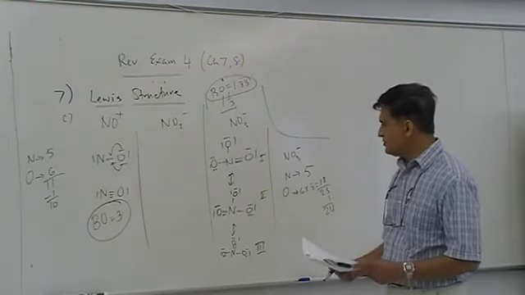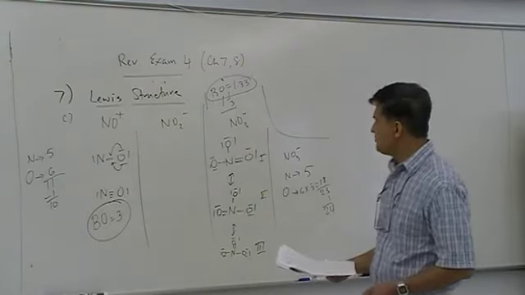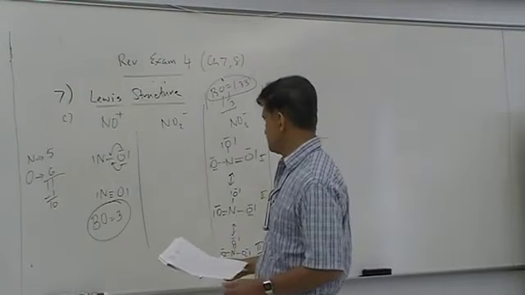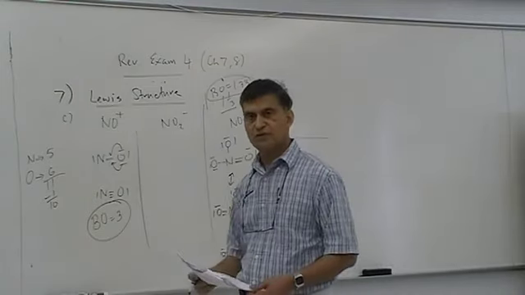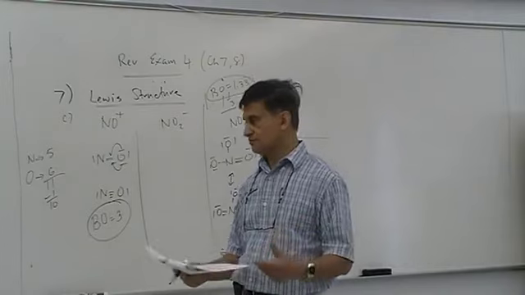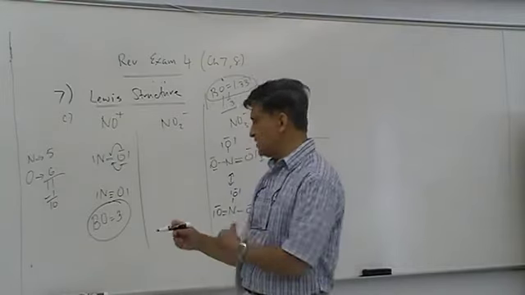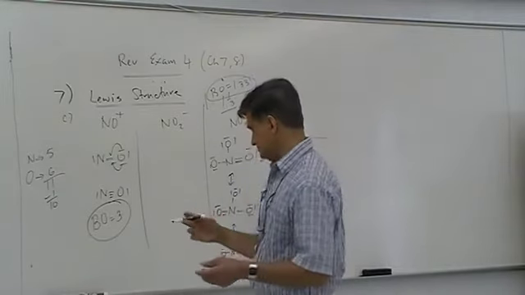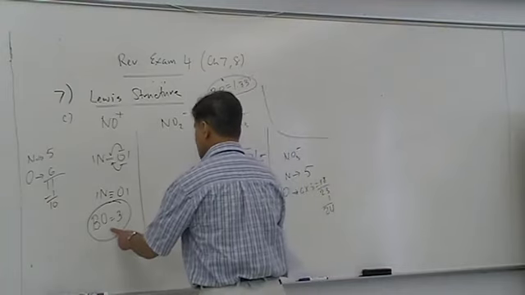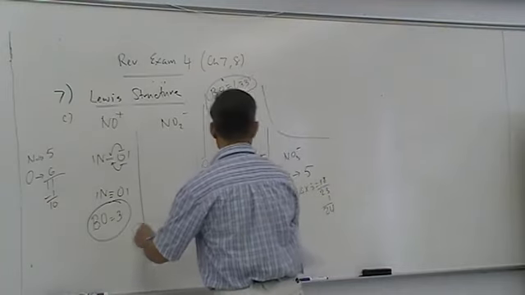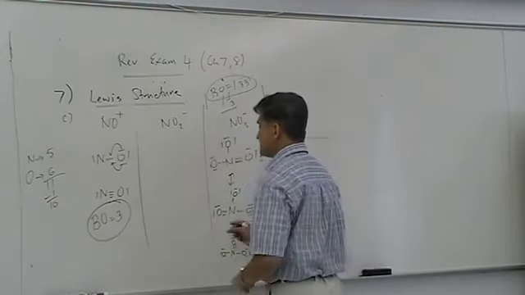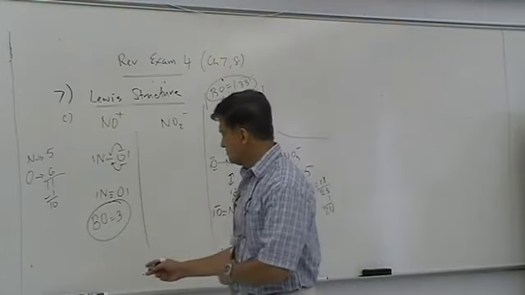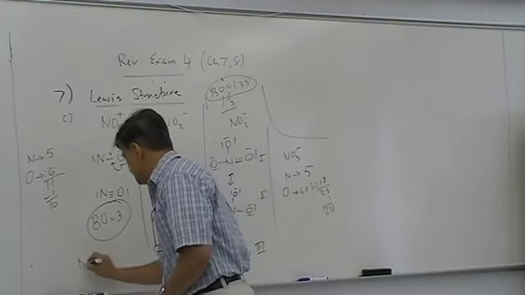So if I ask you which NO bond will be shorter, it always goes with the bond order. Bond order tells you what kind of bond you have. More bonds, greater attraction. 3 bonds, greater attraction. 1 and 1/3 bond, smaller attraction. So NO plus would be shorter.